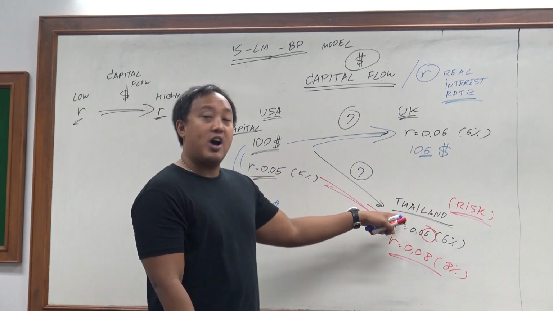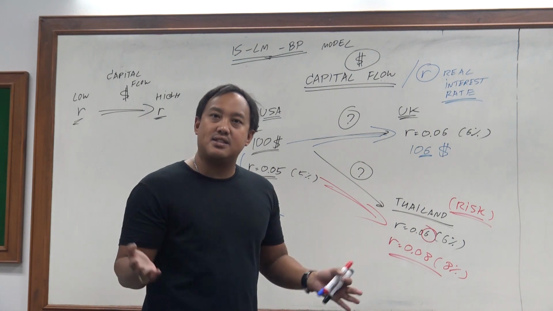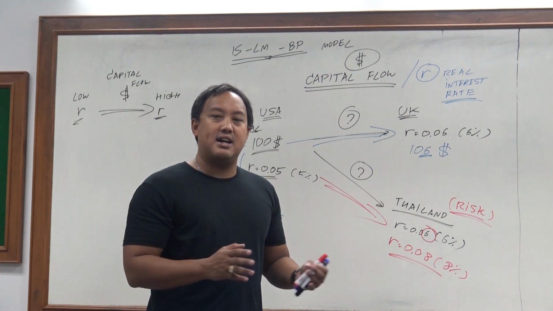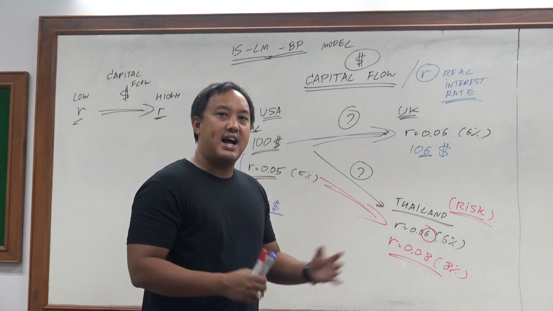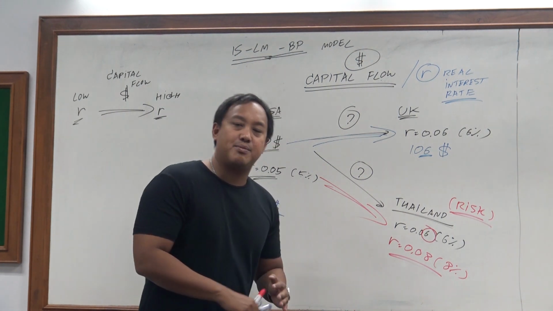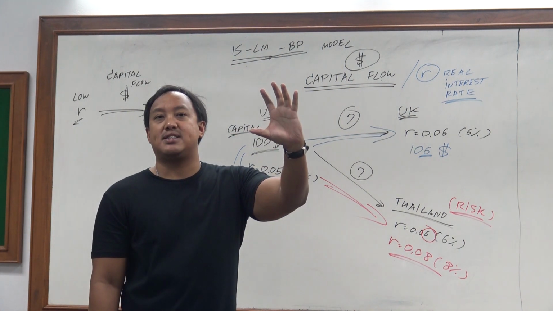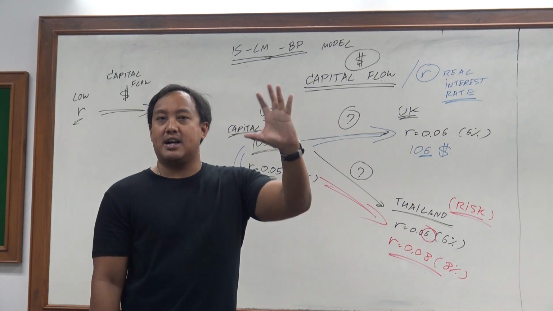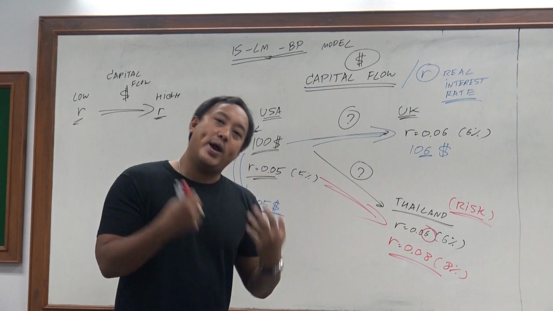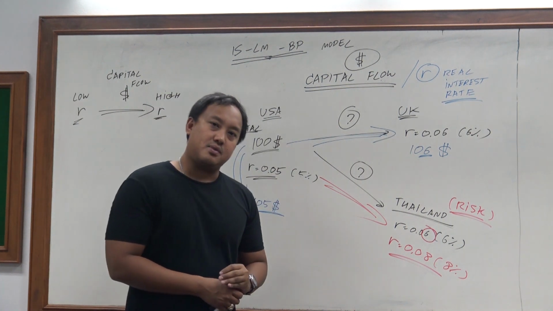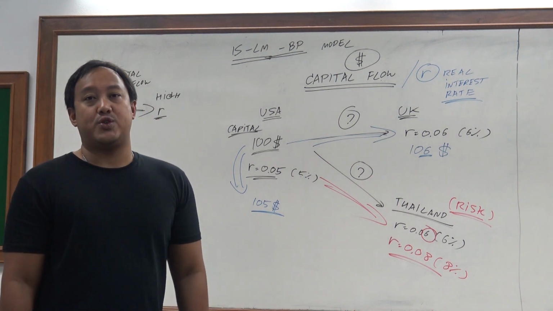For a small country with a lot of risk, some problems, where we're not sure what's going to happen in the future, like Thailand, Vietnam, Myanmar, we need an even bigger gap between the real interest rates, in order to convince the investor to move the money to their country.